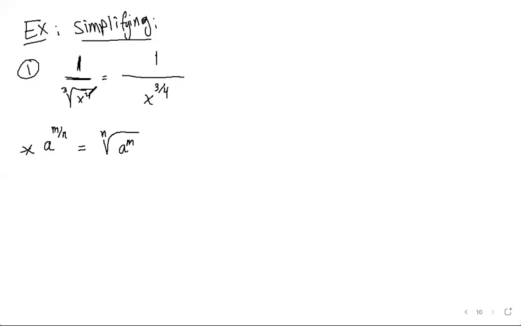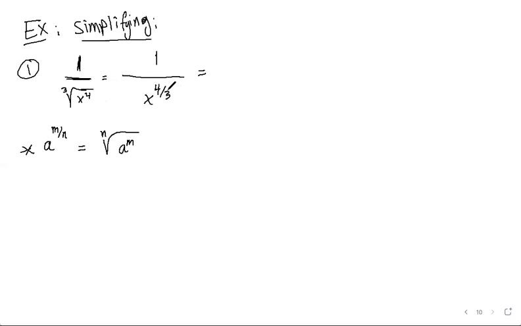Hold on, something is wrong here. So this is equal to x to the 4 over 3. Yes, 4 over 3, so 1 over x to the 4 over 3. So the power for the root is in the denominator, and the power for the variable is in the numerator.